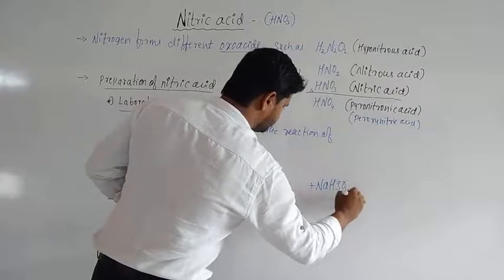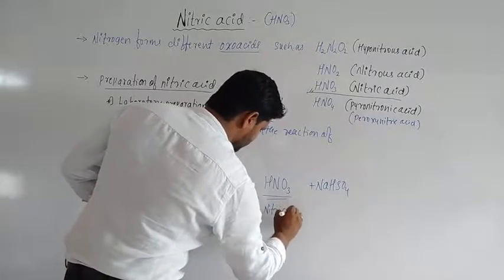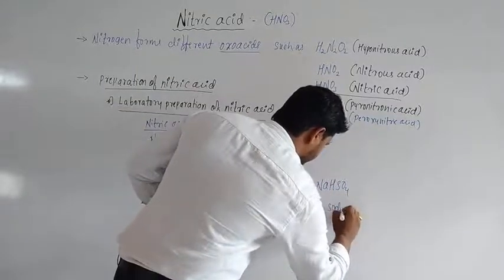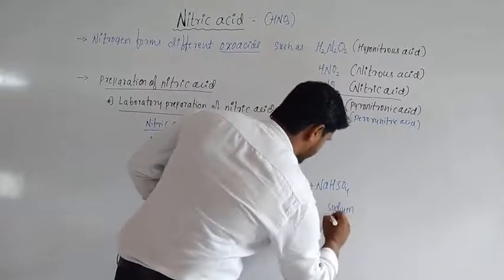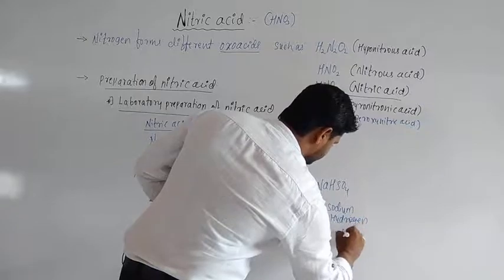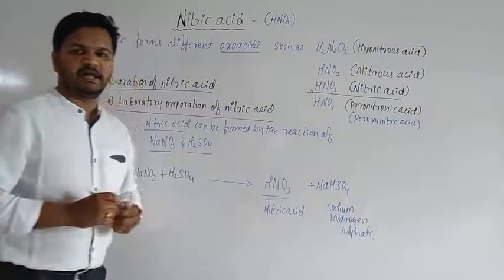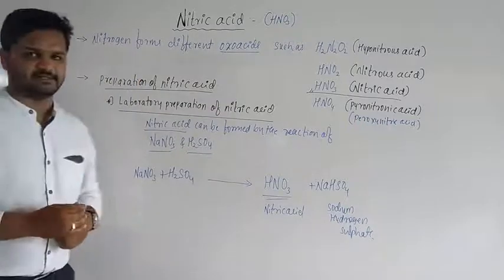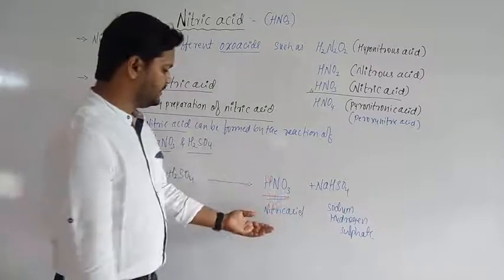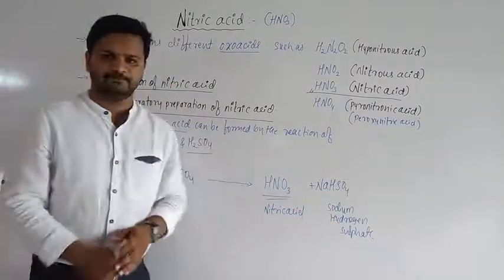This is nitric acid and this is sodium hydrogen sulfate. So this is the laboratory preparation of nitric acid: sodium nitrate plus H2SO4 combines to form nitric acid and the byproduct is sodium hydrogen sulfate.